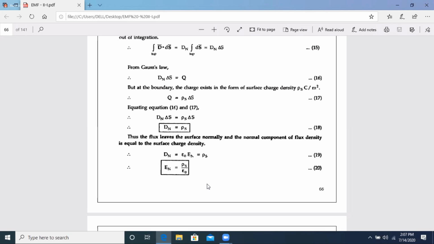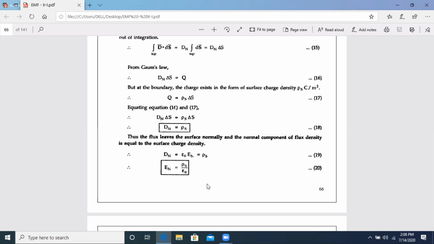So E1 equals E tangential 1 plus E normal 1, right? Yeah. All right.